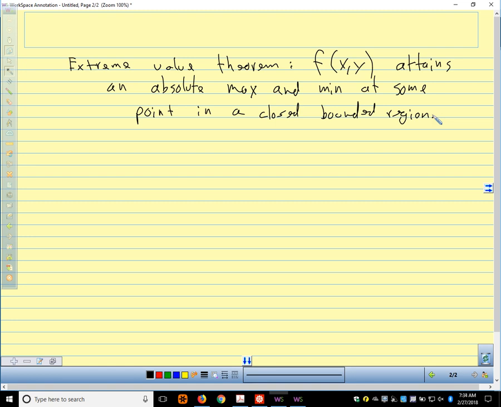So for absolute extrema, we need to define a region also.